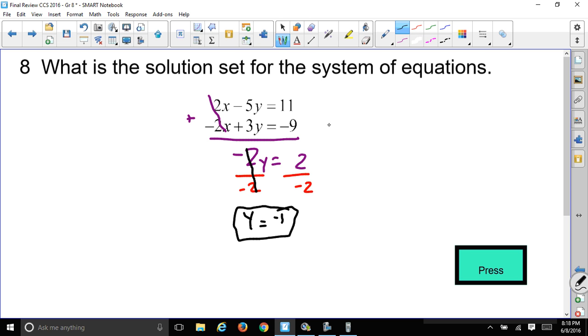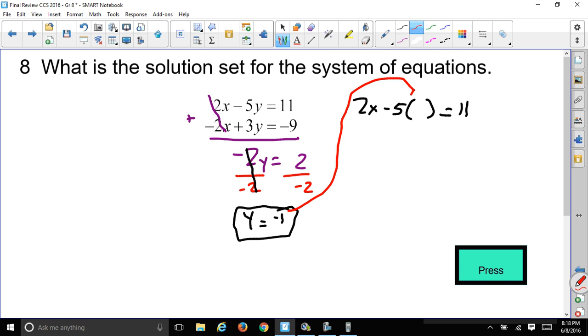Now that I found one of the answers, let me go into one of these equations. Let's say the first one: 2x minus 5y equals 11, but instead of y, I'll put parentheses, because I'm going to replace the y with negative 1.